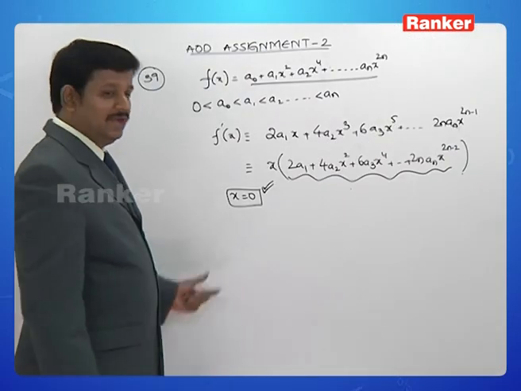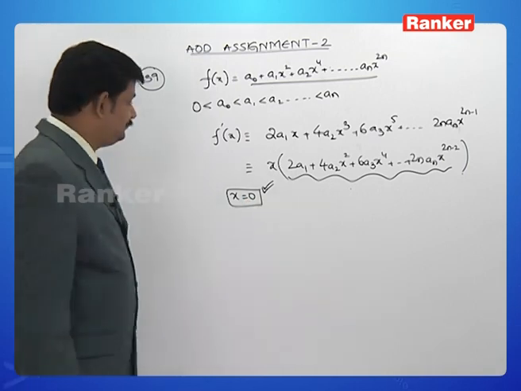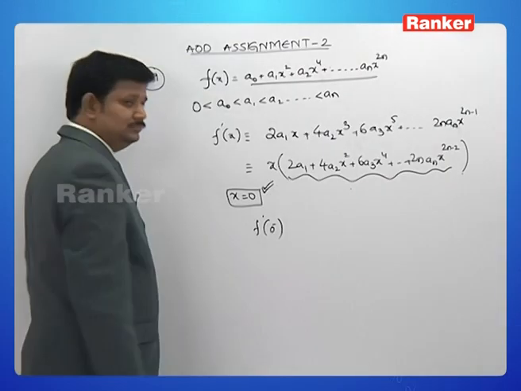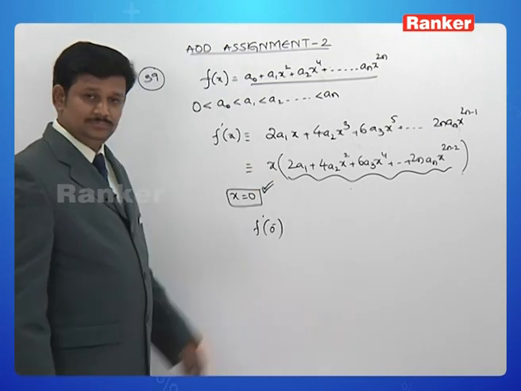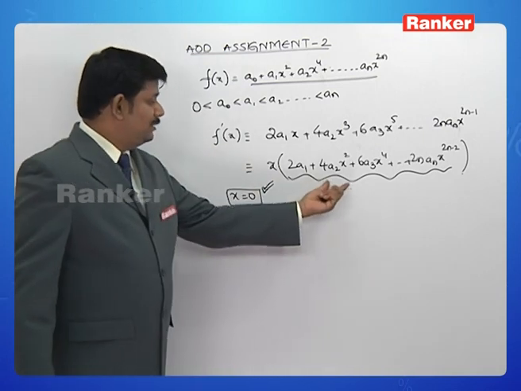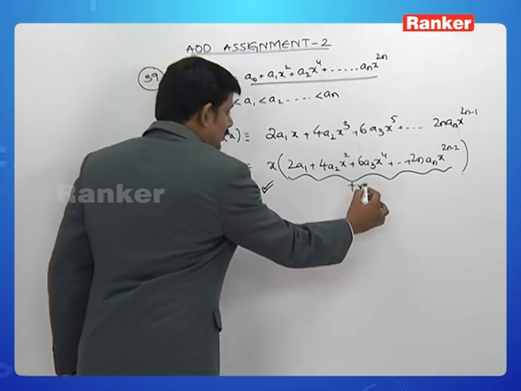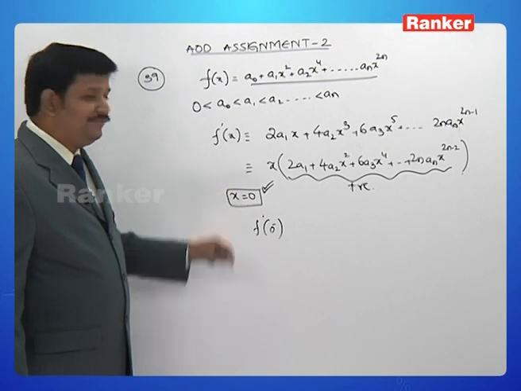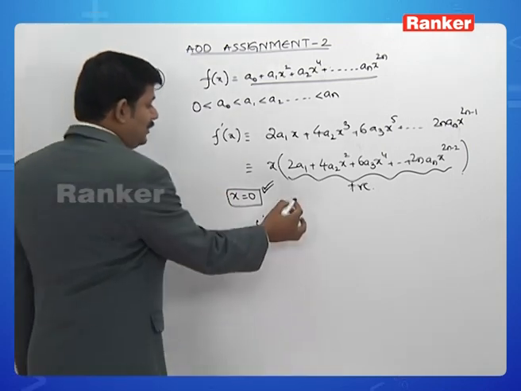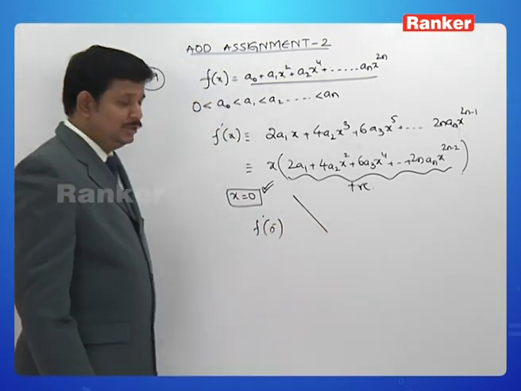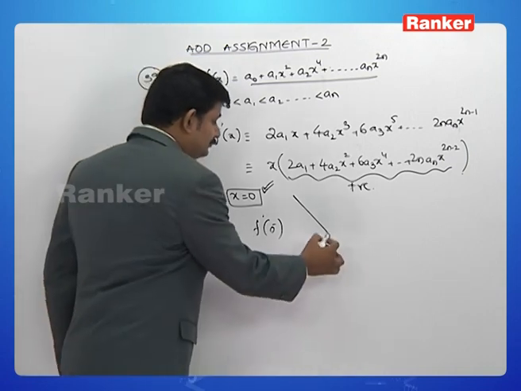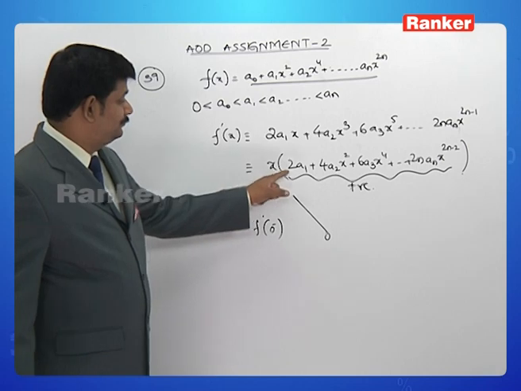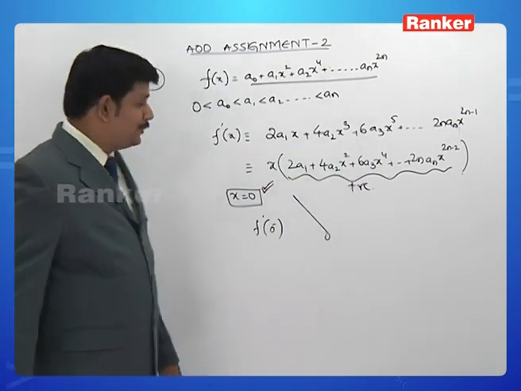And let us see if this is a maxima or a minima. F dash of 0: to the left of 0, this number is positive, x is negative, x is slightly less than 0. So, f dash is also negative. So, we have a tangent with negative slope to the left of 0, and to the right of 0, x is positive, this number is positive.